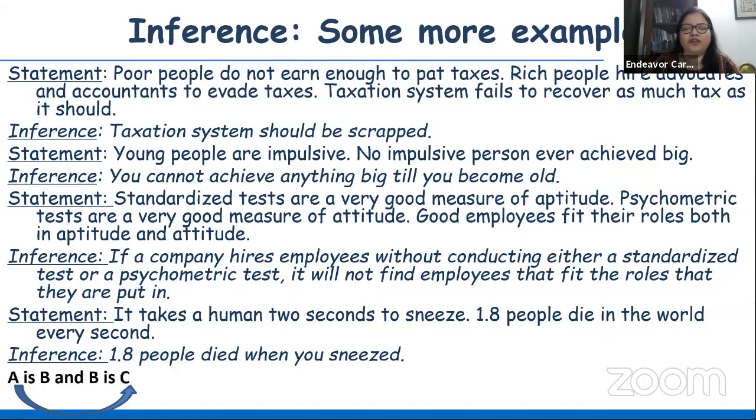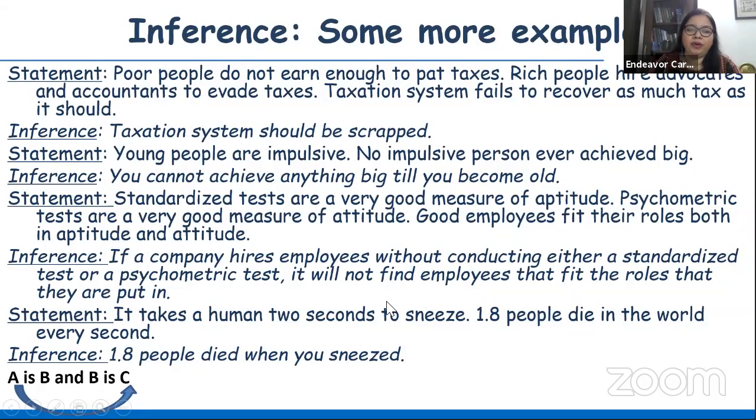It's a simple case of how we connect two pieces of information that are not directly connected. So I'm speaking here of human sneeze. Takes 2 seconds. In every second, 1.8 people die. So A is B and B is C. So what is the connection between a human sneeze and 1.8 people dying? The connection is established via time, every second or 2 seconds.